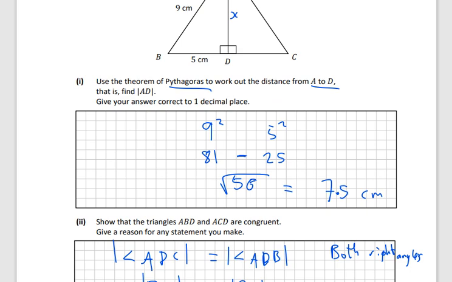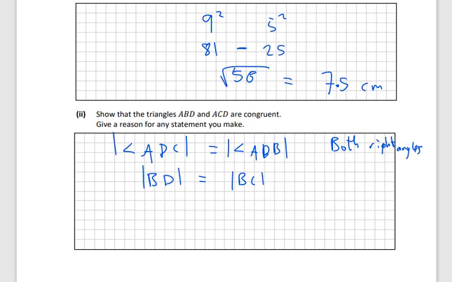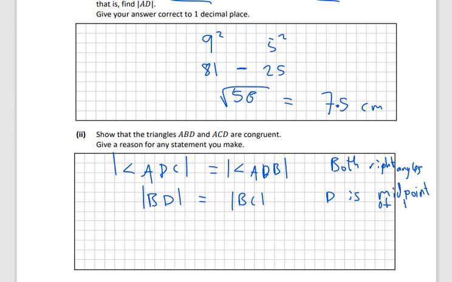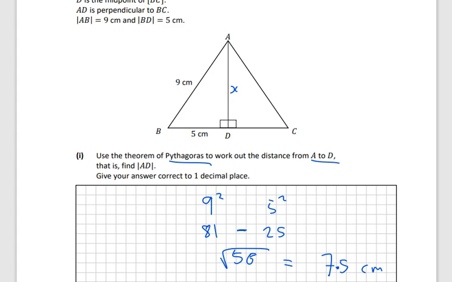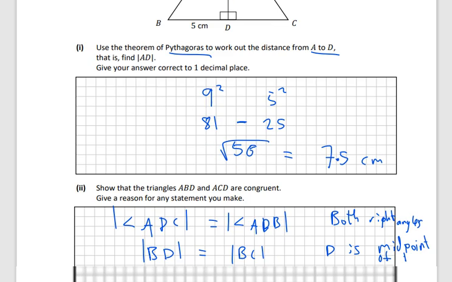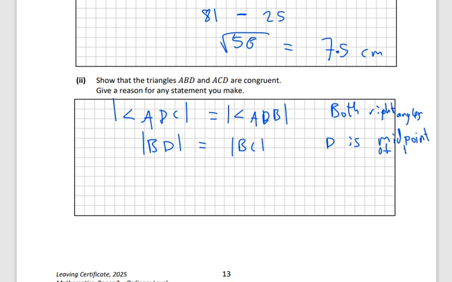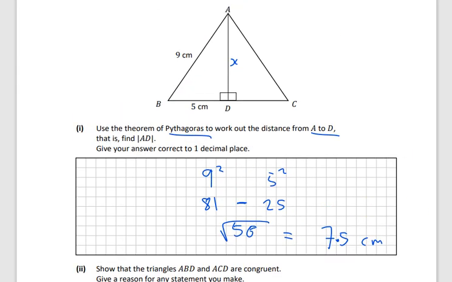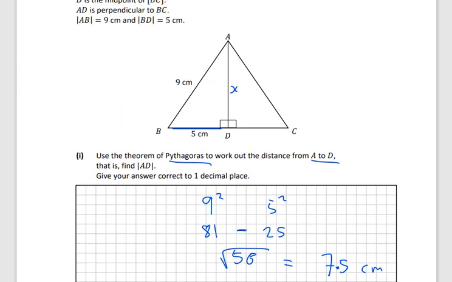If D is the midpoint, then it has to cut it in half. Should be DC actually. B to D is the same as D to C.